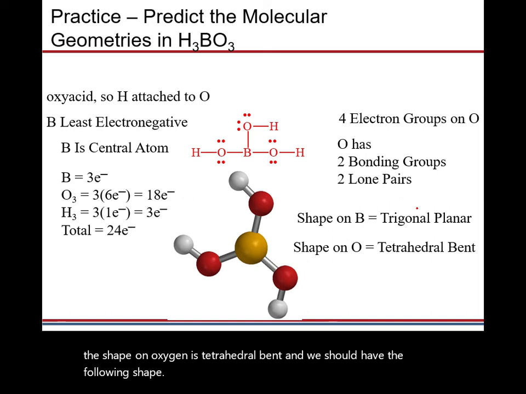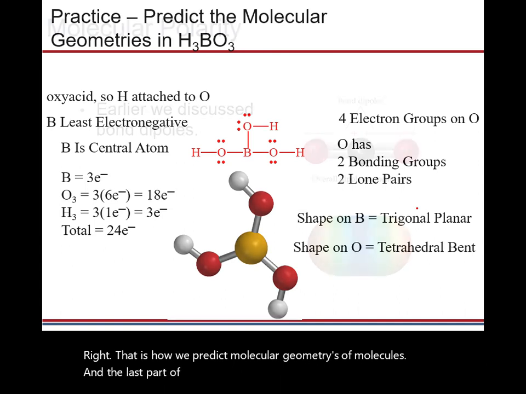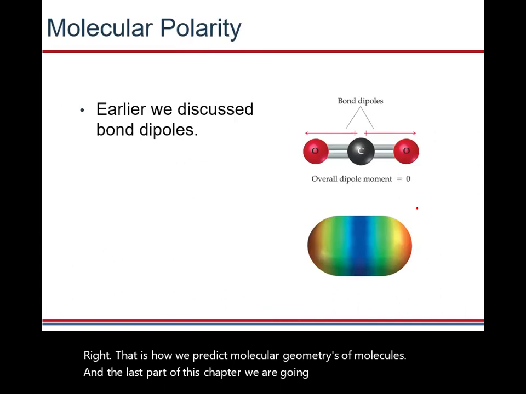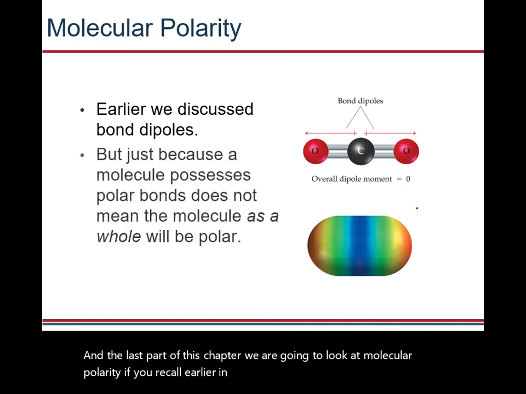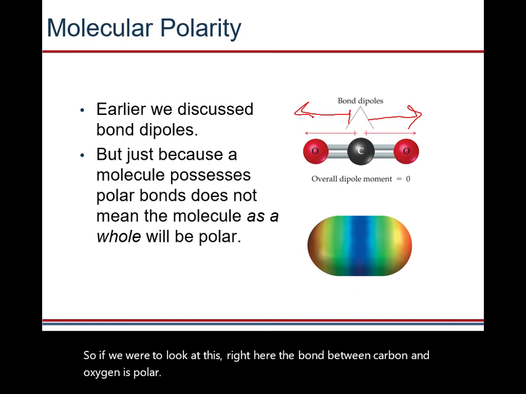All right, that is how we predict molecular geometries of molecules. And the last part of this chapter, we are going to look at molecular polarity. If you recall earlier in this chapter, we discussed bond dipoles. So if we were to look at this right here, the bond between carbon and oxygen is polar, right?